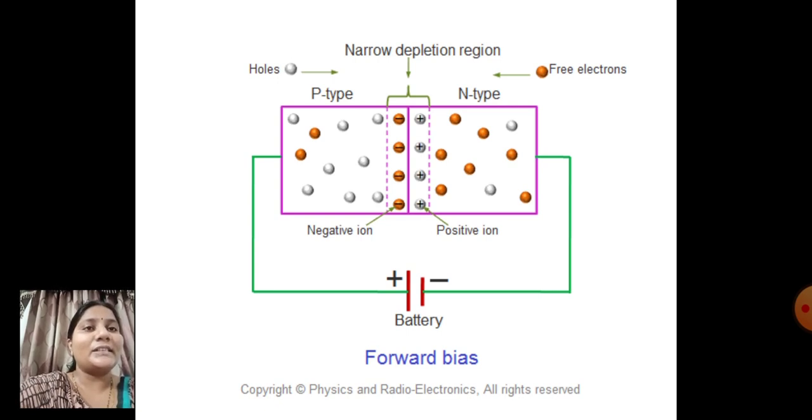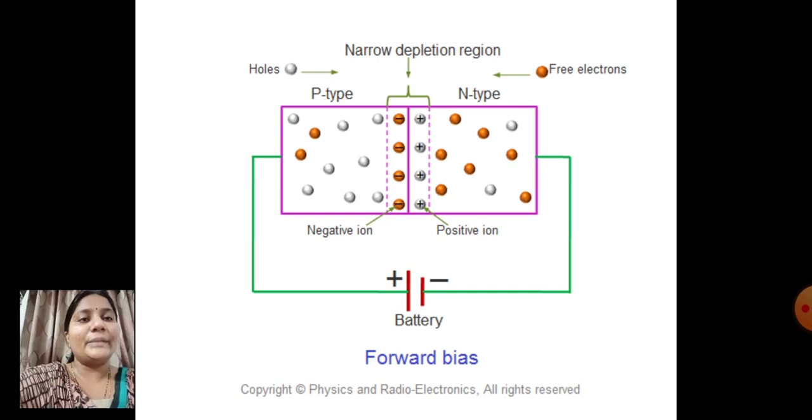The current starts conducting only if charge carriers cross the junction. Here only majority charge carriers cross the junction and minority charge carriers reach the battery. So we can simply say that the current conduction in a PN junction diode is due to the majority charge carriers only, and those majority charge carriers are holes in P type and electrons in N type.